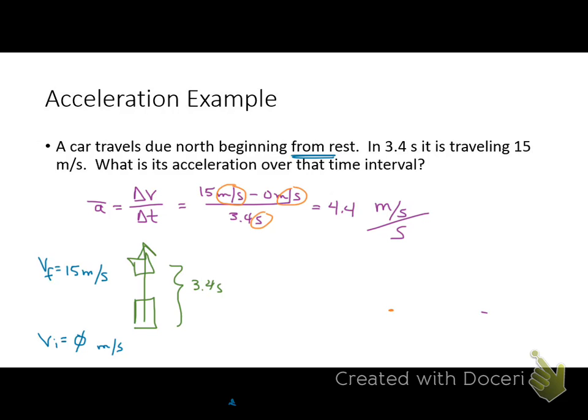Sometimes, and we'll get rolling on this Wednesday, that boils down to meters per second squared. That's the units of acceleration, and that's your answer.